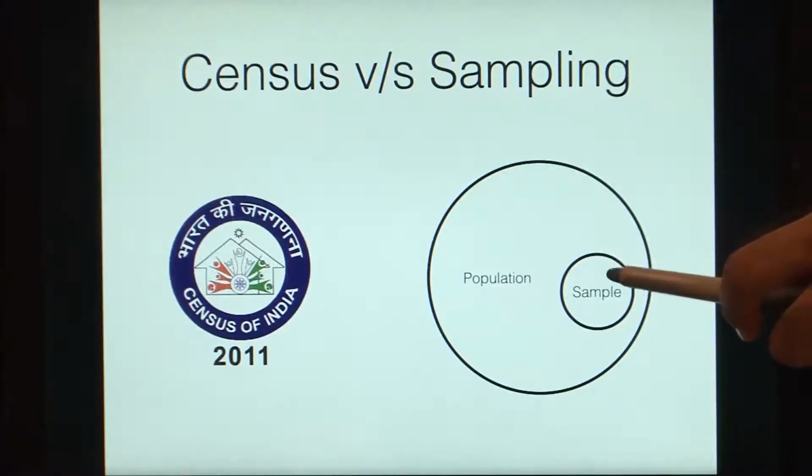We will take their parameters, and we will say that that is an average value that we can use for the whole population as well. So that is the basic difference between census and sampling. In the case of census, all the individuals are counted. In the case of sampling, just a small proportion of your population is counted or its parameters are measured.